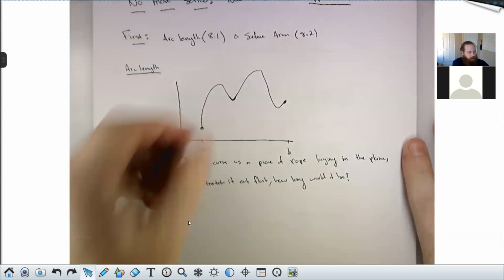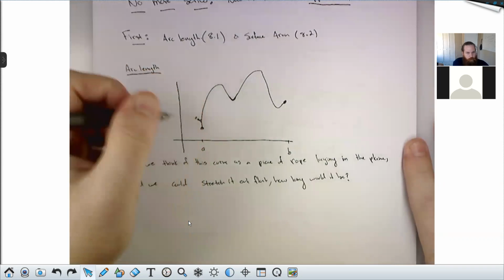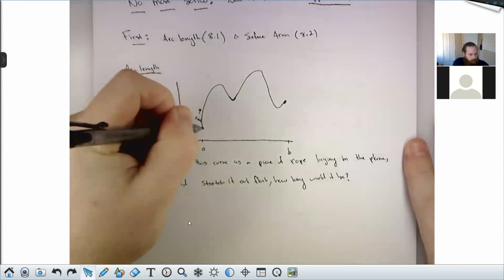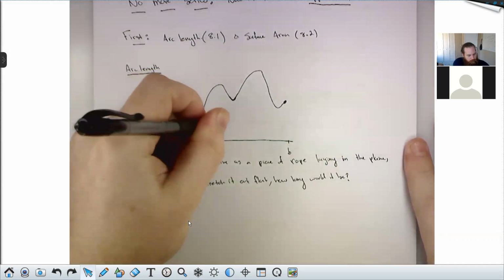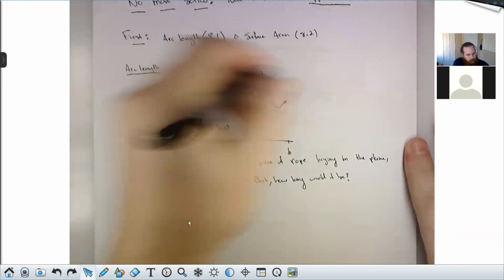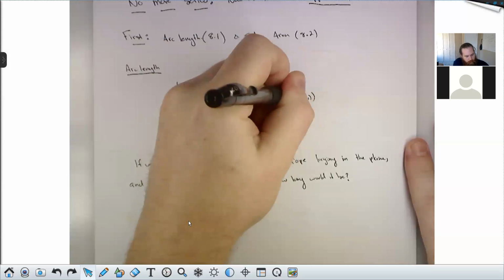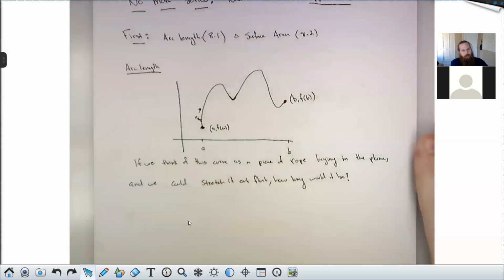Or equivalently, if you were a tiny little dude walking along this graph, tiniest of dudes, and you wanted to walk from the point A, f of A over here to the point B, f of B, how far a distance would you have to walk to do that?